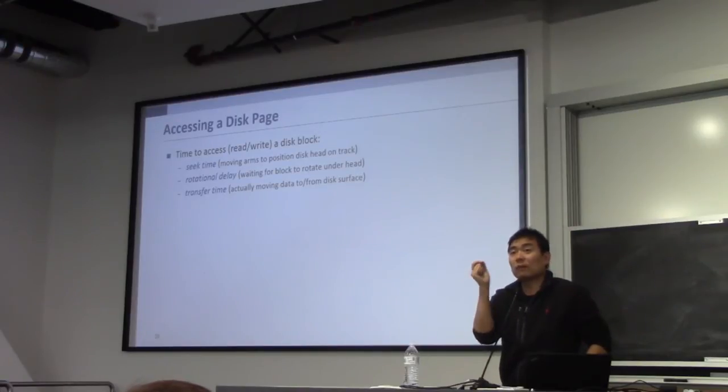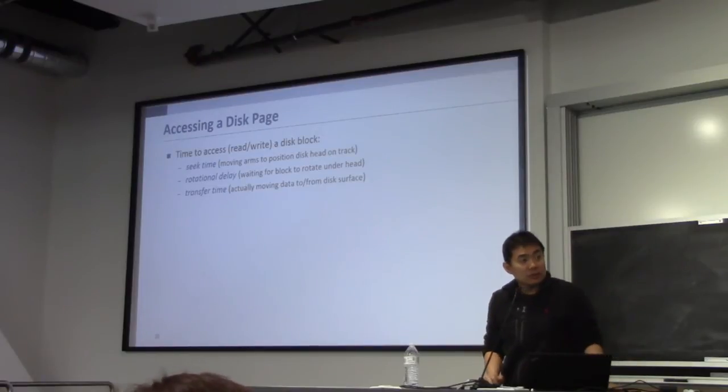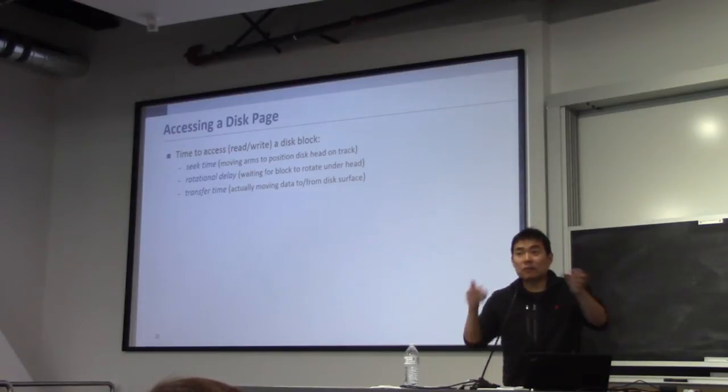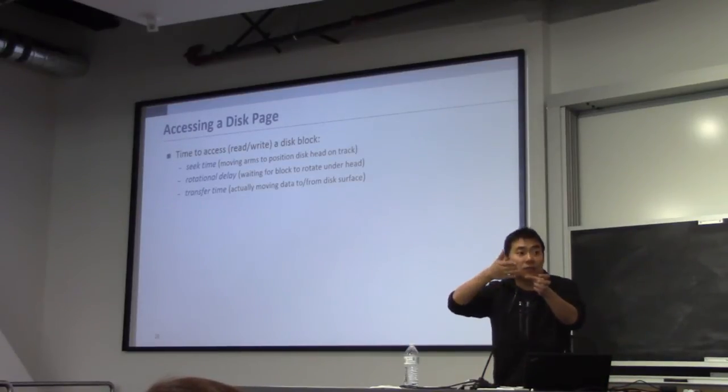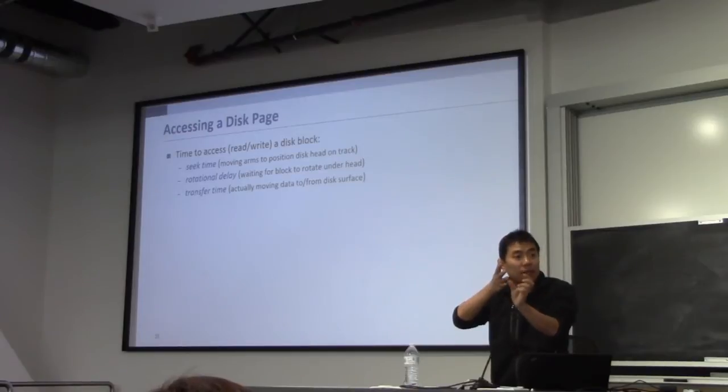Right? What's the best case scenario and what's the worst case scenario? Can someone tell me? Yes? Best case scenario is on the interior disk, and the worst would be at the exterior. Yes. In other words, the best case scenario is once you finish paying the seek time delay, meaning you move the head of the arm to the right track, you are so lucky the data you're trying to read has just rotated right below the head of the arm.